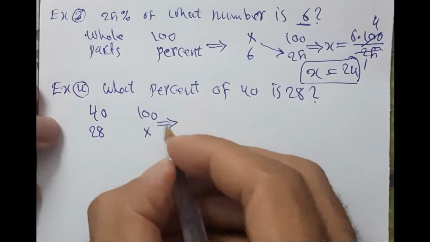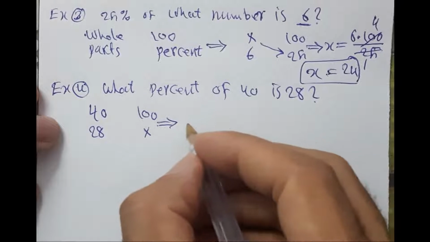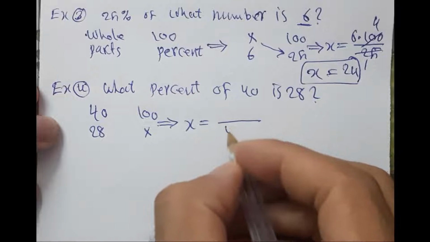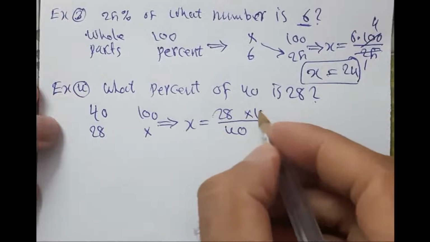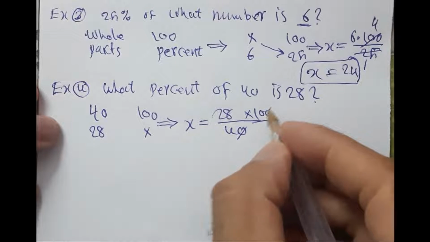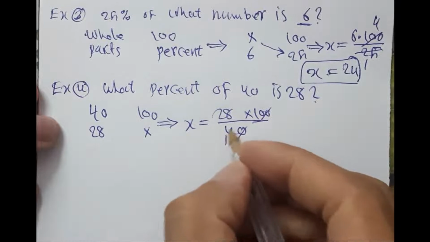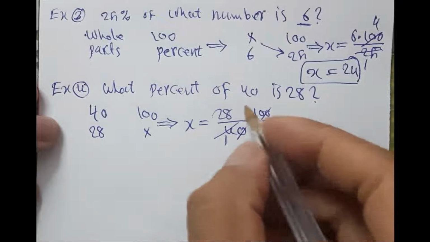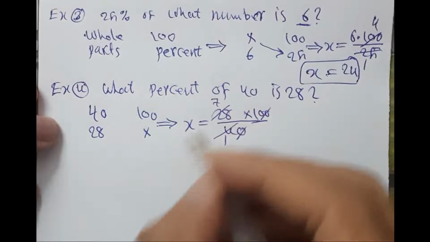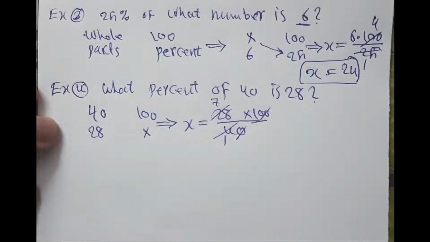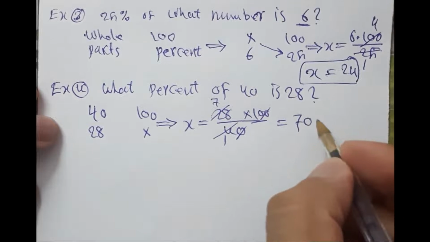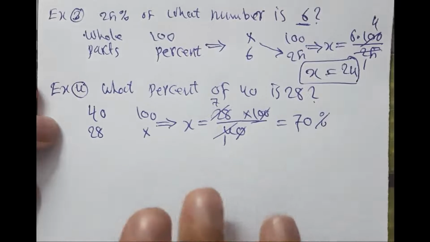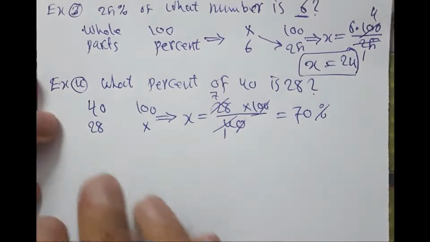Here percent is unknown. X is equal to 28 multiplied by 100 over 40. 0, 0. 28 divided by 4, 7. Now 7 multiplied by 10, 70. 70%. 70% of 40 is 28.